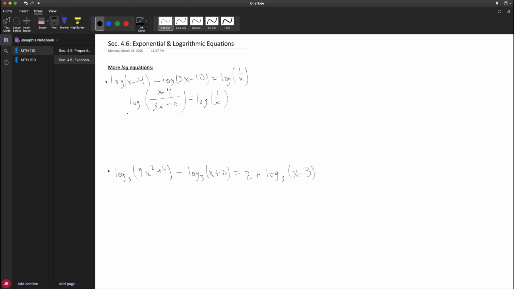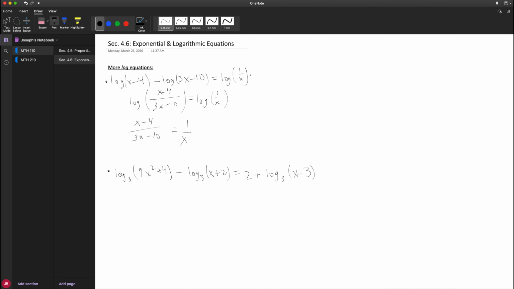Now that we have two logarithms that are equal, that means that their inputs must be equal. So (x minus 4) all over (3x minus 10) must be equal to 1 over x. So let's go ahead and write that out. Now we have an equation with a fraction on either side, so the best way to solve this is cross-multiplying.